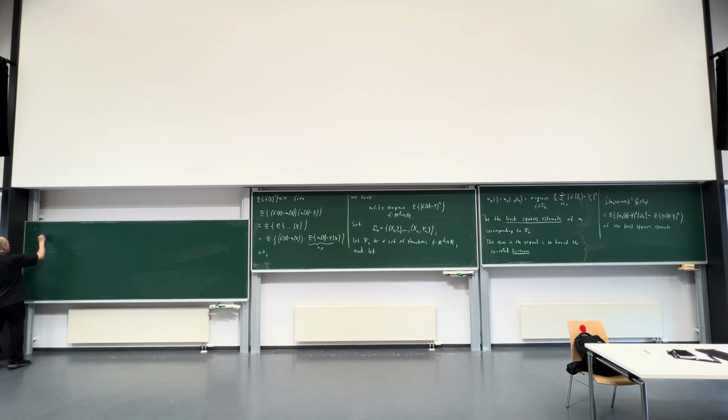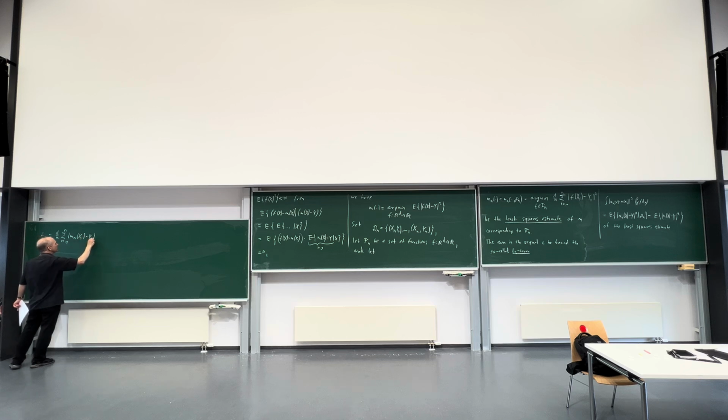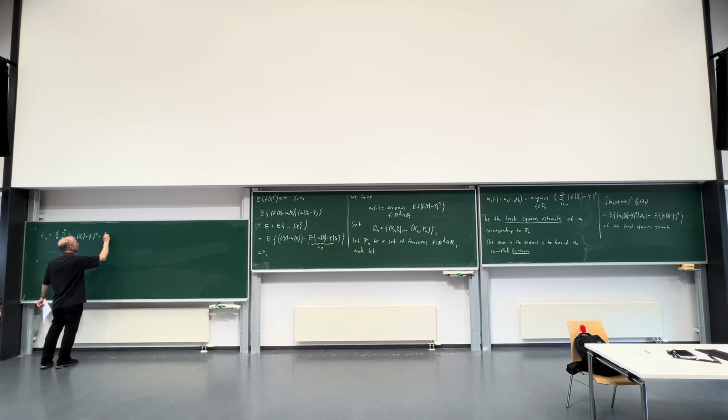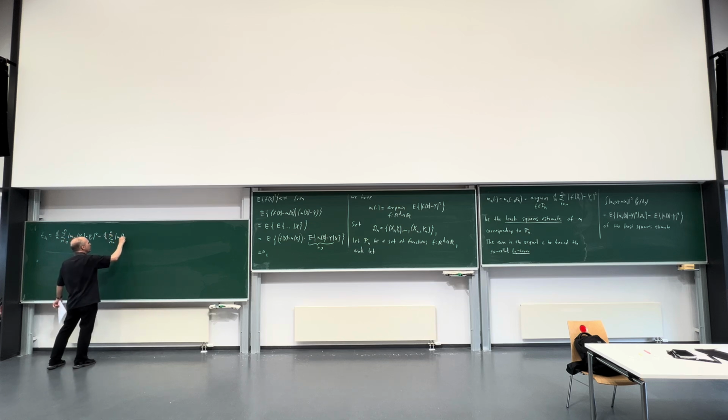I call this Zn. That's 1 over n, sum over i equals 1 to n, of (mn(Xi) minus Yi) squared minus (m(Xi) minus Yi) squared.